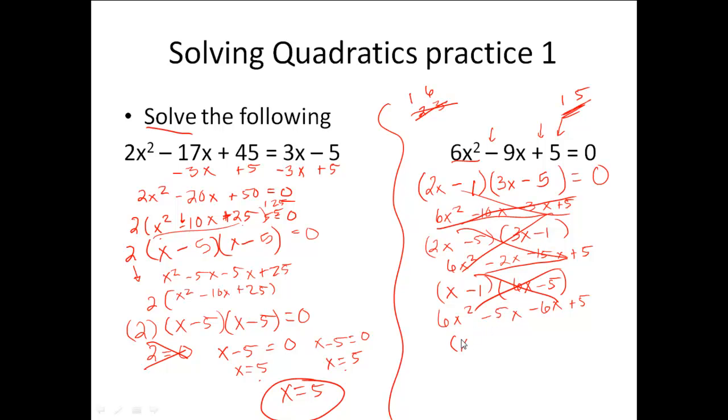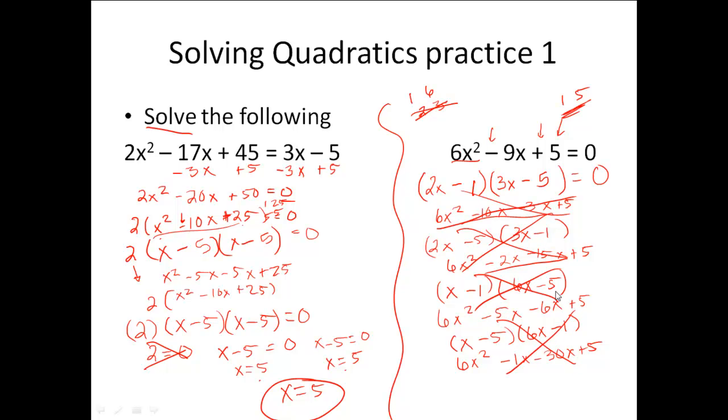So we're going to have to do x minus 5 and 6x minus 1 and hope that it works this time. So we're going to have 6x squared minus 1x minus 30x plus 5. Well, I can see that's not going to give me my 9 either.